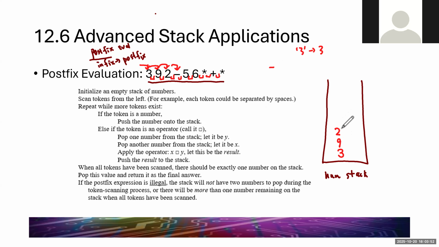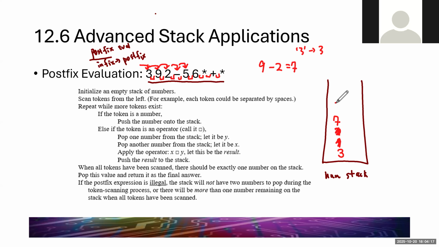I pop the first number out, 2, and apply it to the right of the operator. Then I pop the next number out and put it to the left of the operator. Then I calculate it, so it's 3, and I push the result back to the stack. Then I continue the scan.